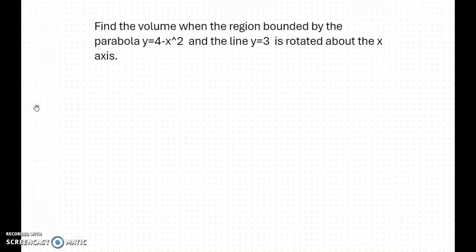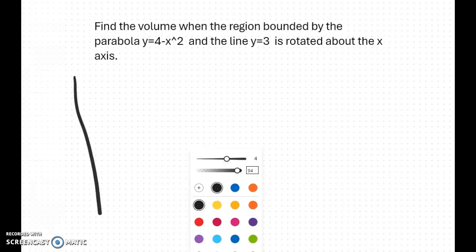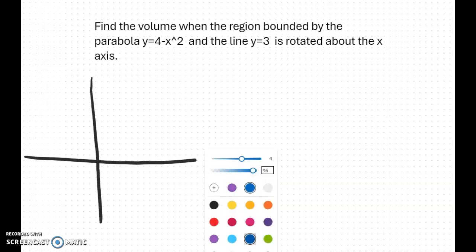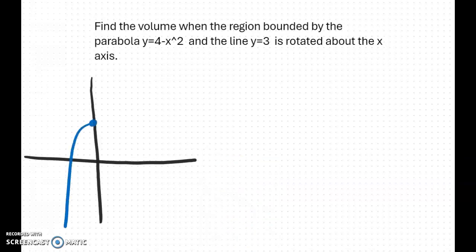I'm going to draw it on my paper here so that we can take a look at what we're talking about. So here is my XY plane. Oops. Didn't mean to go so crooked. Let's erase that. So something like this. And I've got a parabola. The parabola opens downward, has a y-intercept at 4.